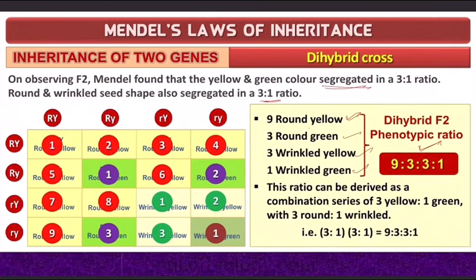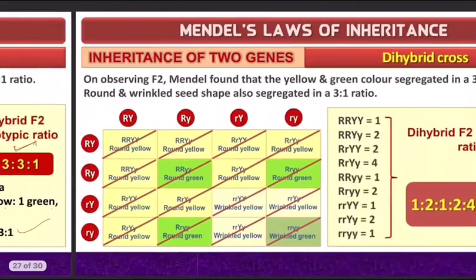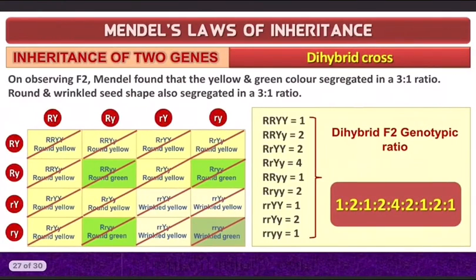Okay, 9 round yellow. How many round green? 3 will be there. How many wrinkled yellow? 3 will be there. How many wrinkled green? Just now we said only 1. So the dihybrid F2 phenotypic ratio is universally fixed at 9:3:3:1. Okay. So this remains fixed, 9:3:3:1.